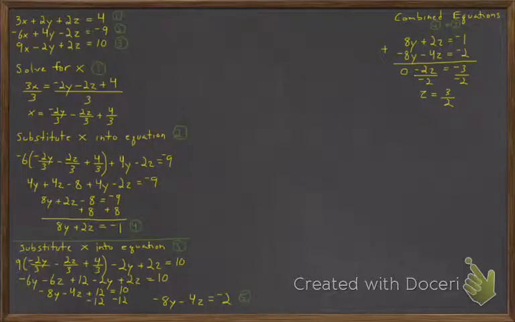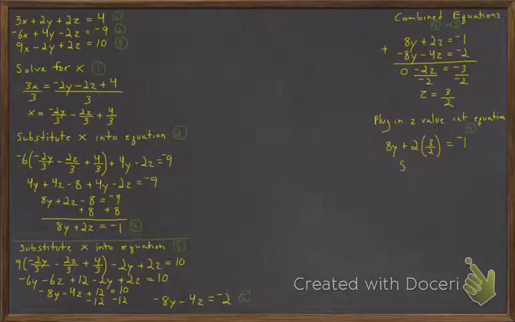Okay, so now that we have our z, we want to plug in z value into equation 4. So this is equation number 4, and we get 8y plus 2 times 3/2 equals -1.